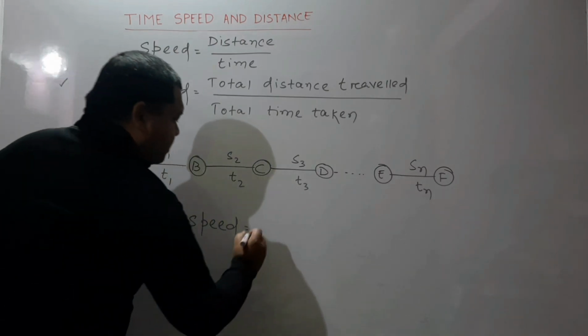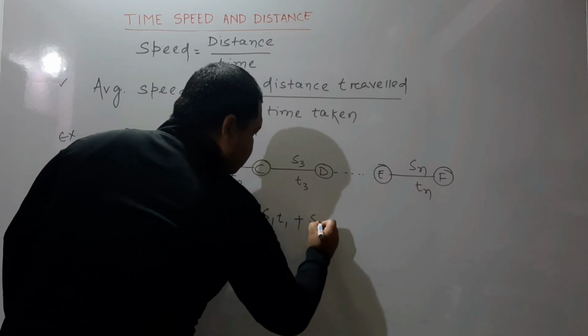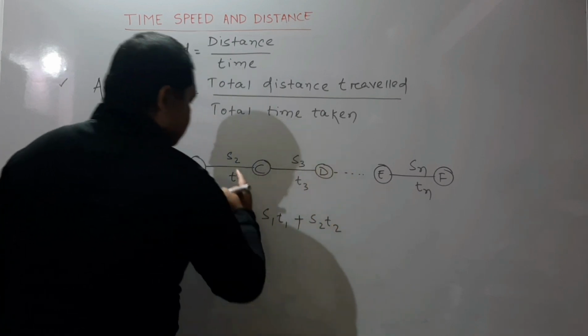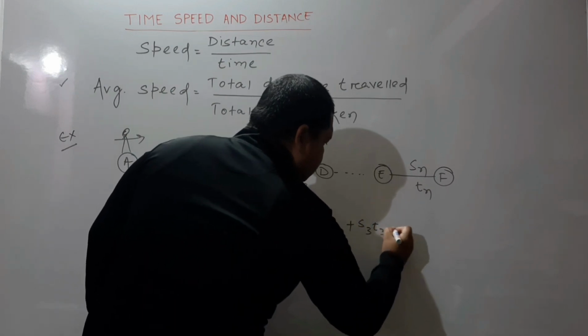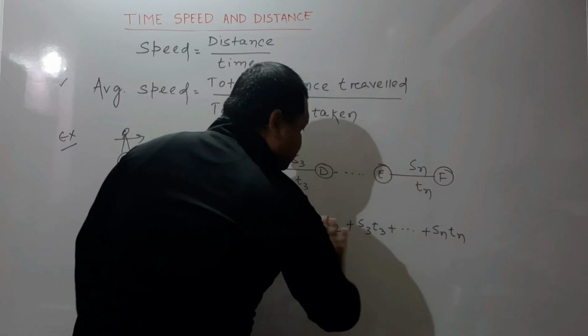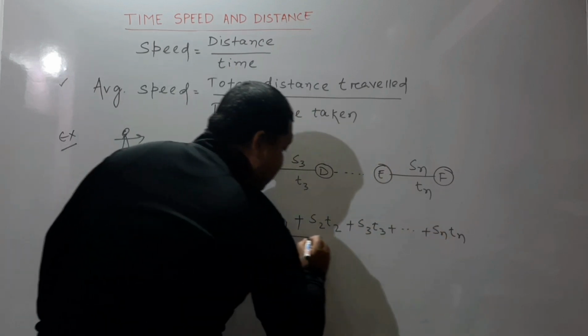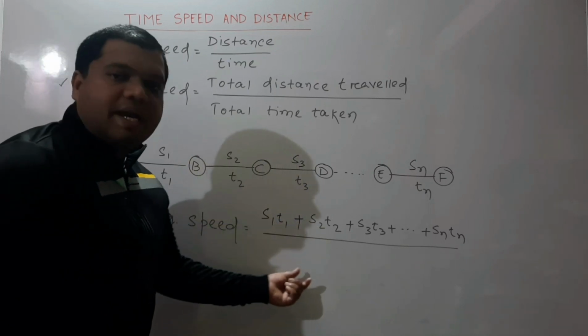So here total distance is S1 into T1 plus S2 into T2 plus S3 into T3 up to Sn into Tn. This is the total distance. Average speed is the ratio of total distance divided by total time taken.